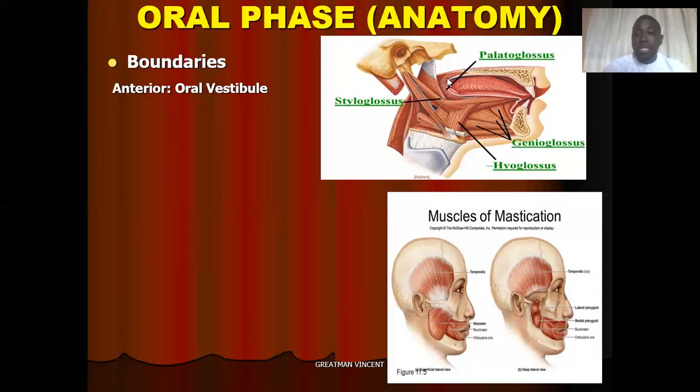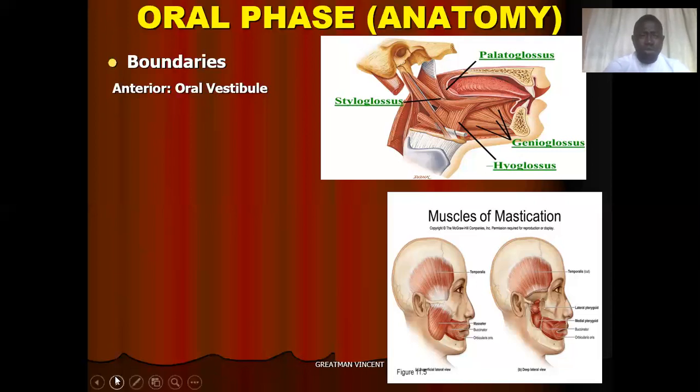So just as you are seated quiet, you are looking at me and you are not swallowing, the reason why saliva which is found in your mouth is not being found in the pharynx is that we have a structure we call the palato-glossal arc, which is in an arc shape, thereby preventing the involuntary movement of saliva into your pharynx. Of course, we don't want that to happen.